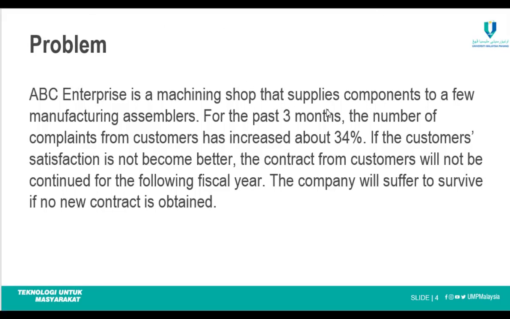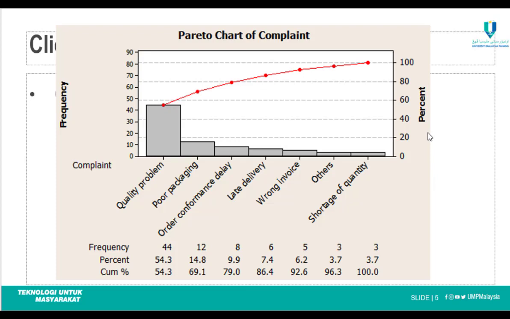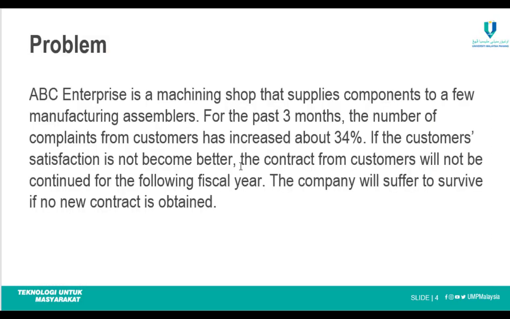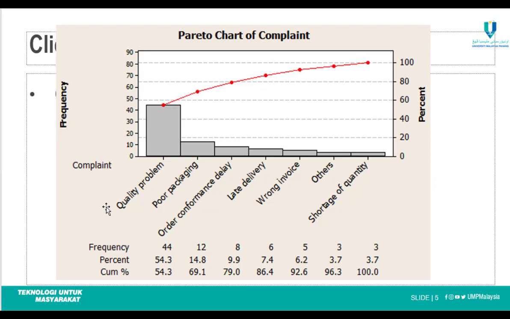Okay, so from the problem, let us recap a few things in the define phase. We tried to conduct a survey to identify the reason for customer dissatisfaction, and we plotted the result in a Pareto chart.